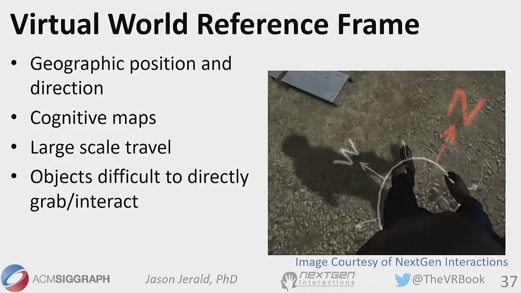Then, of course, there's the virtual world reference frame, which is what game developers use when placing assets in the world. You're very familiar with that. It's good for thinking about geographic position and direction, north, south, east, west, and large-scale navigation, when forming a cognitive map of the world. Unfortunately, it's often not very friendly for interfaces.